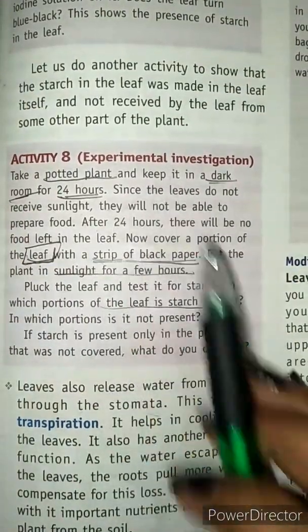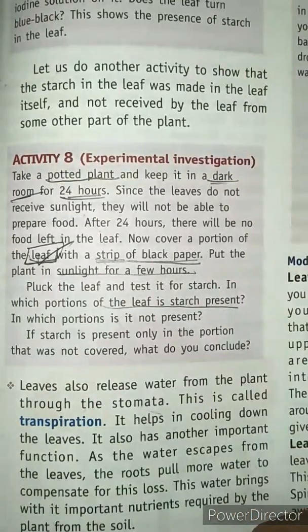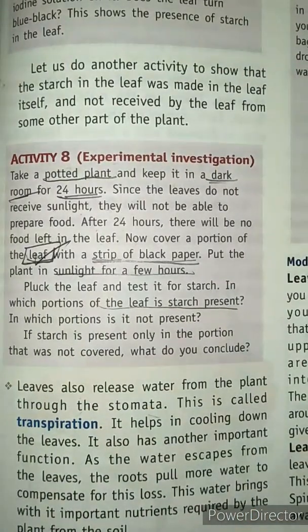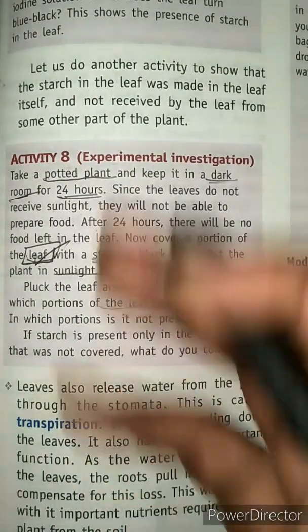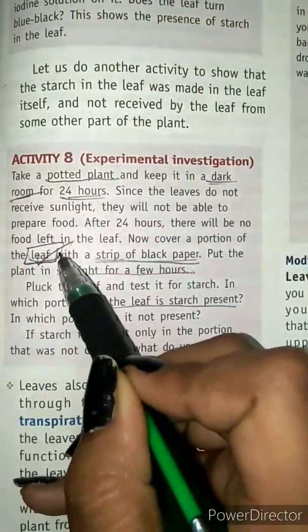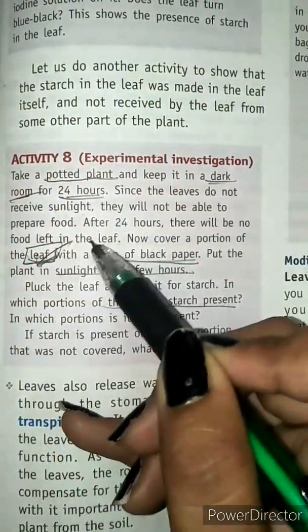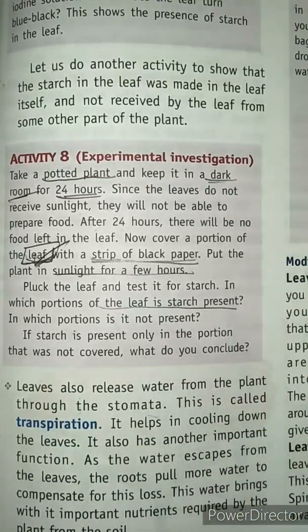Repeat that experiment with this leaf also. Clear? So what do you see after doing this whole experiment? You put this leaf in water and then alcohol, then wash it with water, and put some iodine drops onto it.